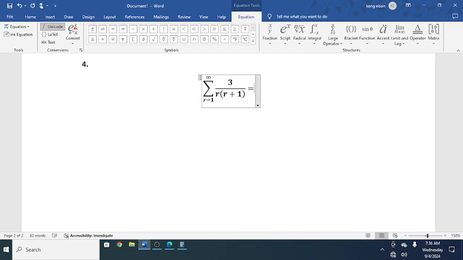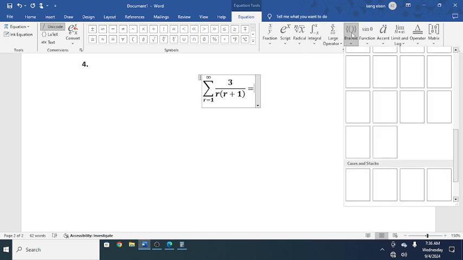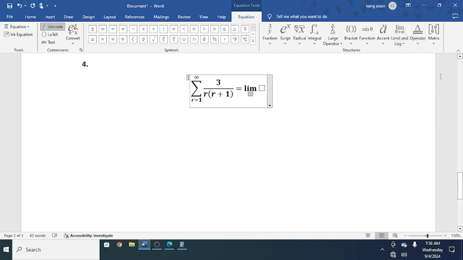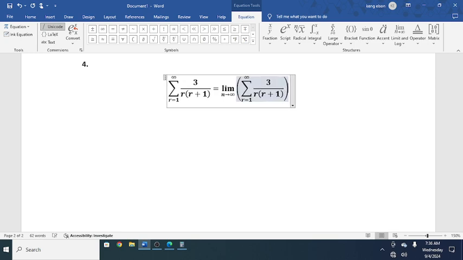So I'm saying that the sum to infinity of a sequence is equal to the limit, as n tends to infinity, of the partial sum, which is the sum from r equals 1 right up till n. If I'm able to get this answer in terms of n, and I take the limit as n goes to infinity of the answer, it gives me the required response.